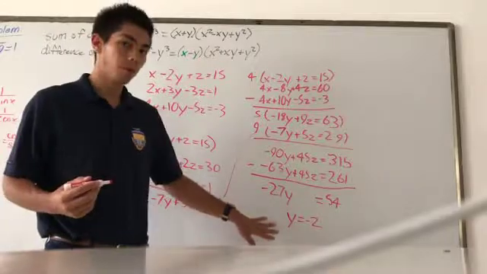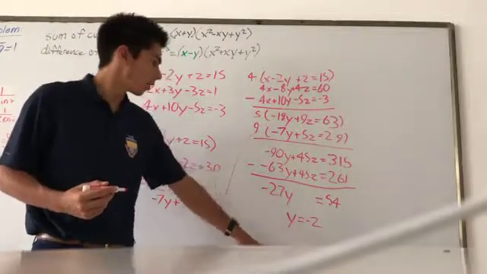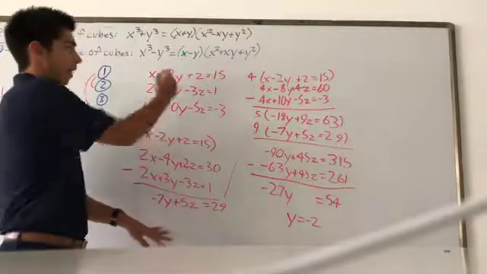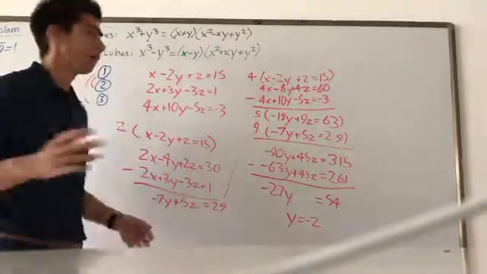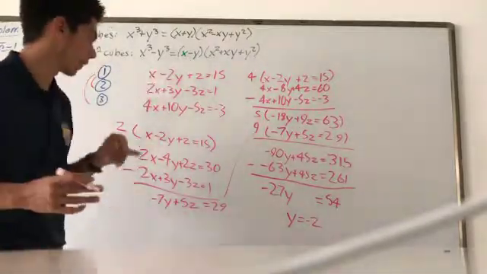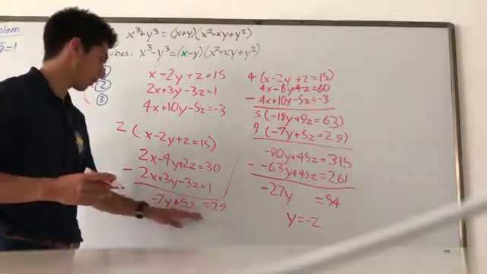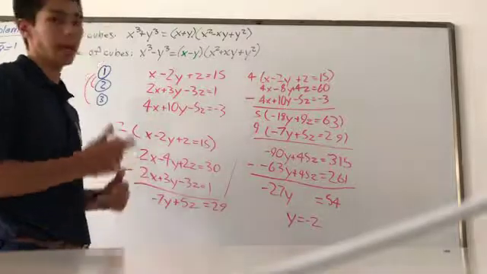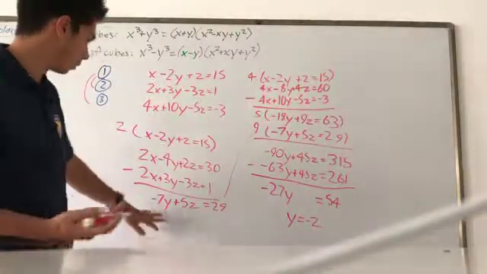Now that I've found one variable, I need to go back to an equation where I have y and just one other variable. If I tried plugging it in here, it wouldn't help me because I don't know the two other variables. So I'm going to go back to this equation that we found earlier. Negative 7y plus 5z equals 29. And I'm going to plug y into this equation.